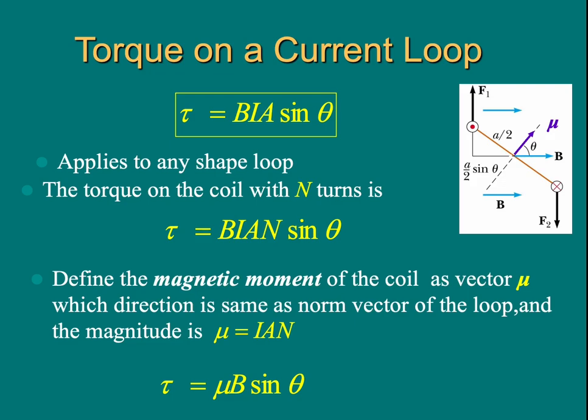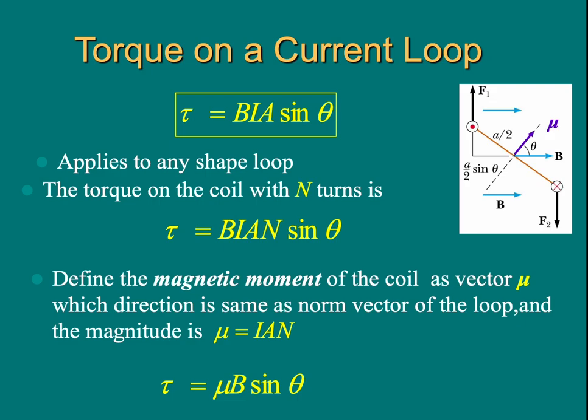Even though we derived it using a rectangular loop, this is actually a more general equation that applies to any shape of loop. And if the coil has N turns, then we simply multiply by N to calculate the total torque. This allows us to define a magnetic moment, which is a vector quantity pointing in the same direction as the normal vector of the loop.